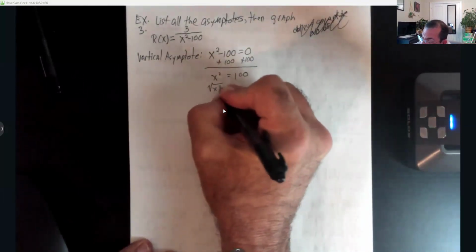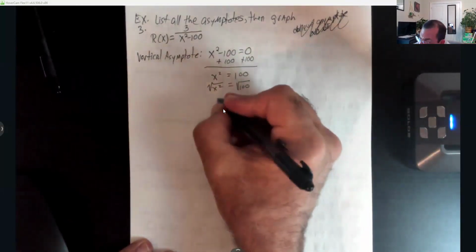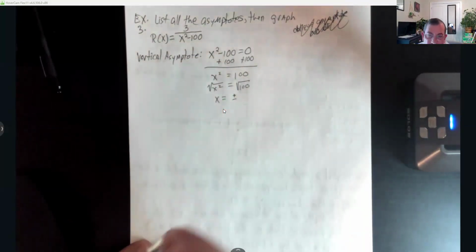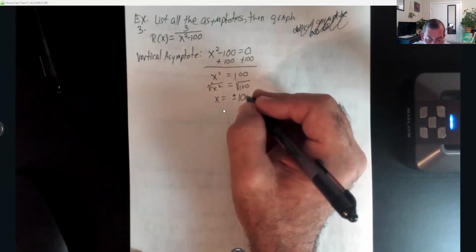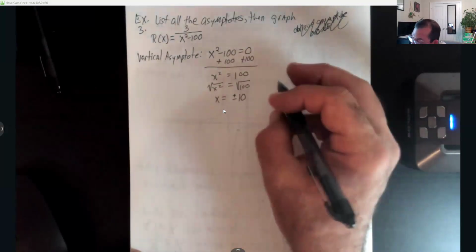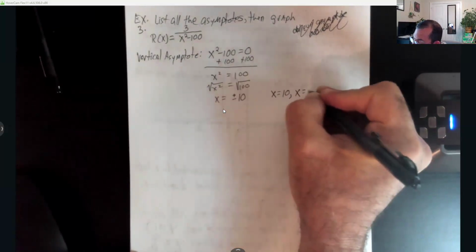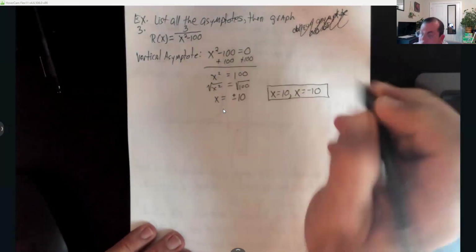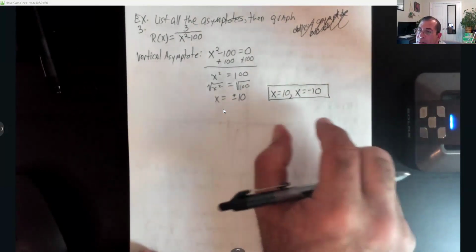All right, y'all, square root of x squared equals square root of 100. So we know that x equals plus or minus 10. So in MATLAB, when it asks what the vertical asymptotes are, you would put x equals 10, comma, x equals negative 10. Vertical asymptotes have to be in the form of an equation if they don't give you the x equals part, okay?